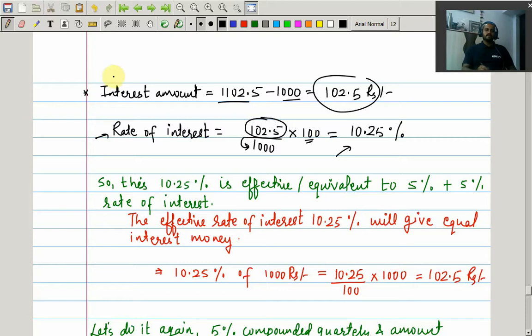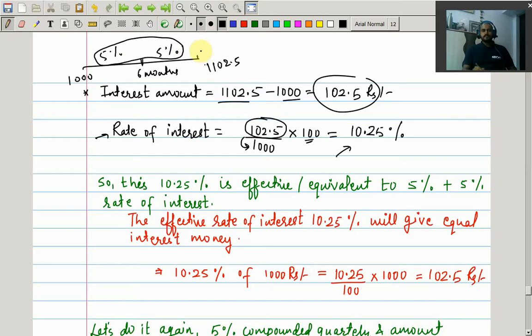If you look at the diagram for 1 year time span, this is my 6 months, 5% here, 5% here, 1000 rupees deposited here, and finally I have received this much.